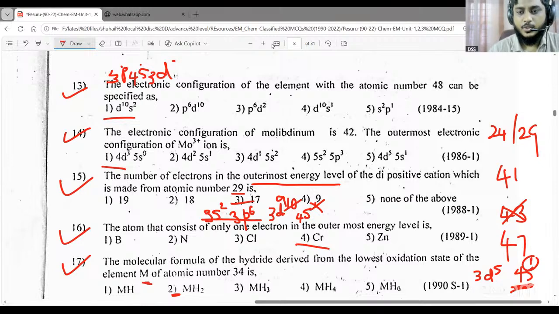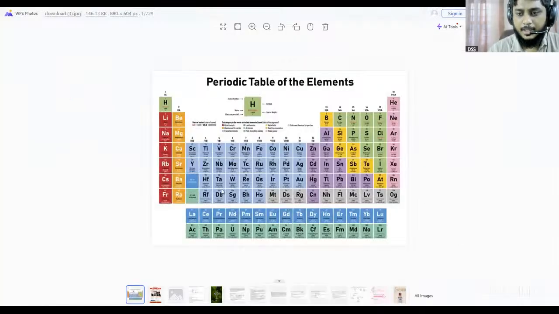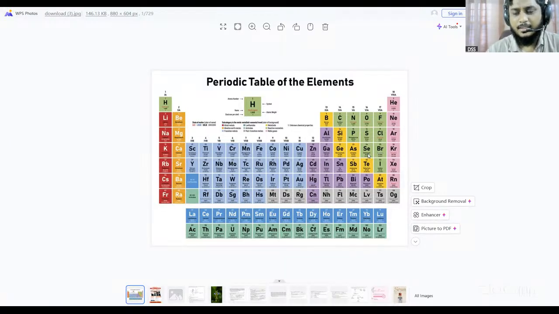Element M, 34, is selenium. Selenium is a non-metal. Normally when we write hydrogen and selenium, we write hydrogen first and selenium second. In a compound, we write the least electronegative one first and the most electronegative one second. We will do electronegativity later. The answer is this one. We'll explain further later.